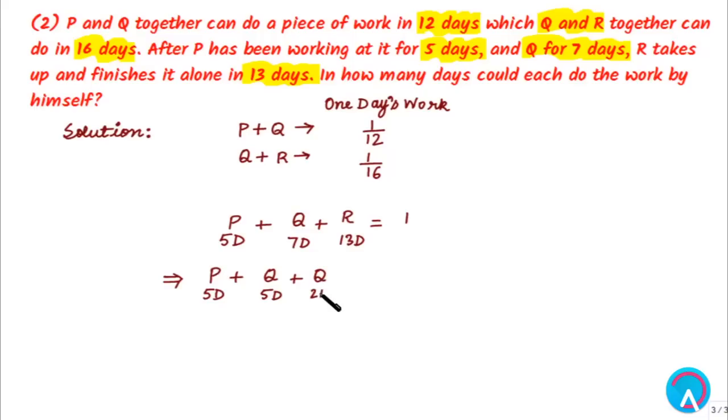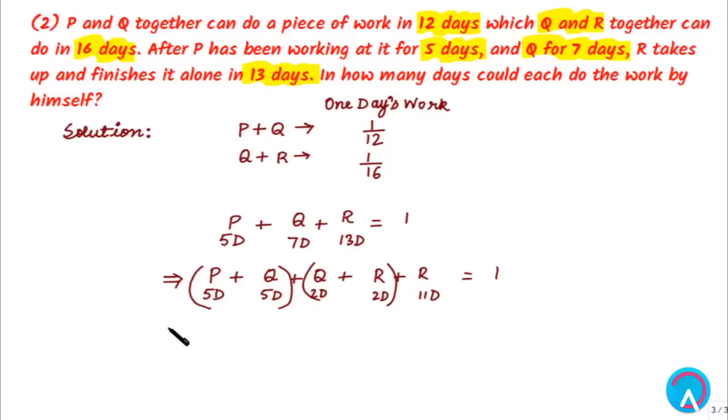So together they'll make 7 days. Plus we can split R's work also. So R's work will be R's 2 days plus R's 11 days. This will be equal to 1 work. We can keep this together and this together and this separately.